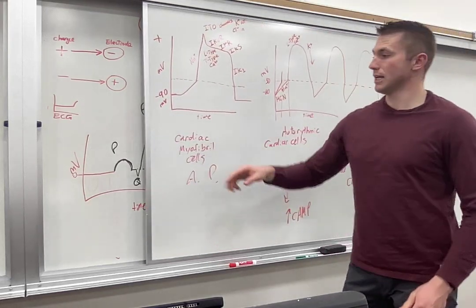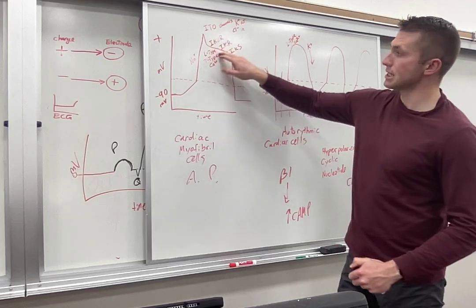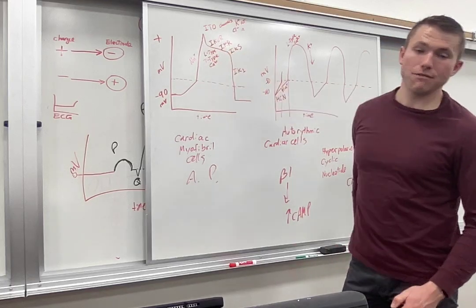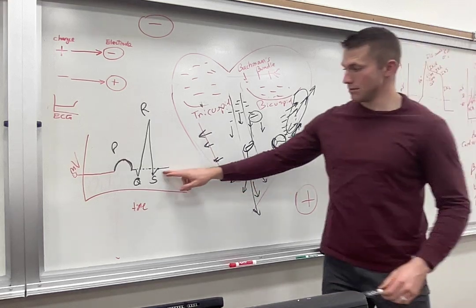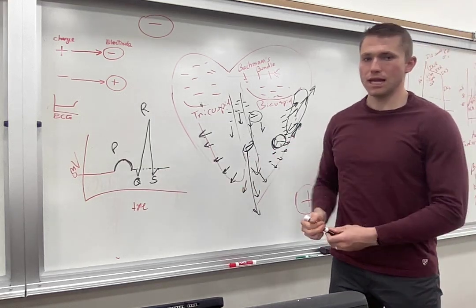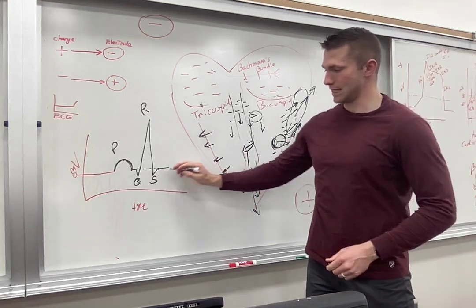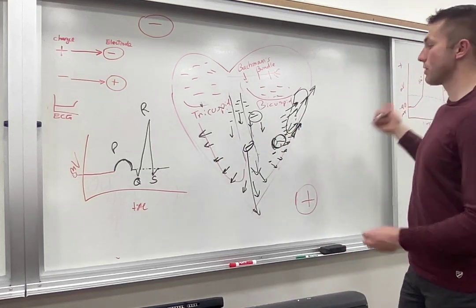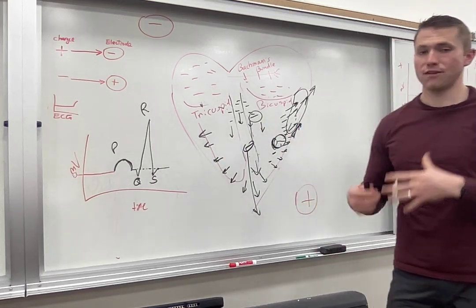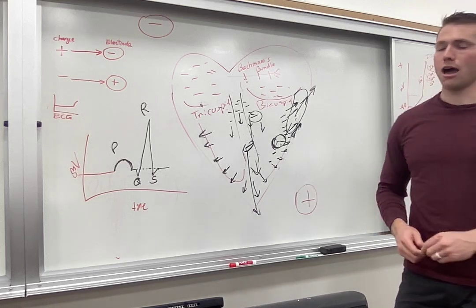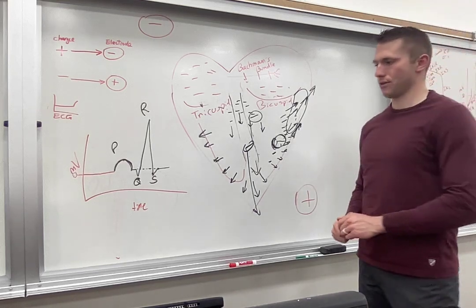But we're chilling for a split second because of this plateau phase. So this little split second of time exists because of the plateau phase, because of those L and T type calcium channels that are trying to prevent everybody from being negative, and all those different potassium channels from opening up.